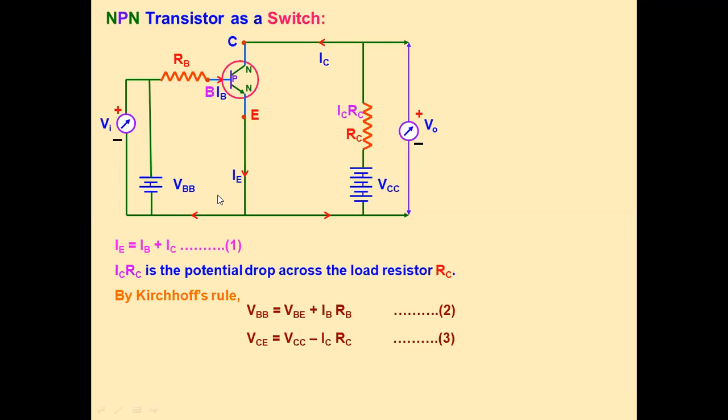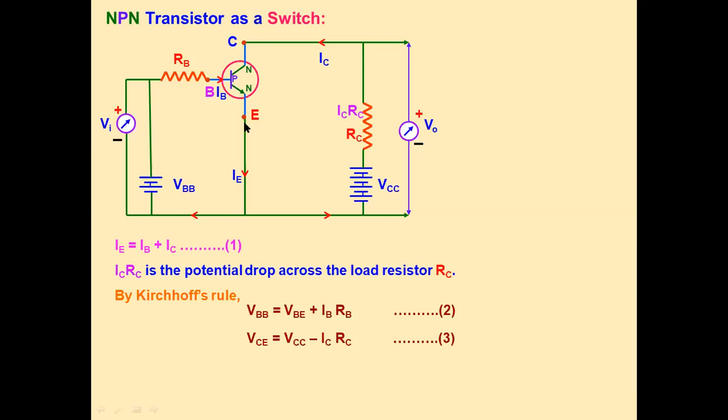Second, when some input voltage is applied, then the base and emitter junction is in forward bias and current is flowing through the emitter. So current is flowing through the transistor and the transistor is in on state.